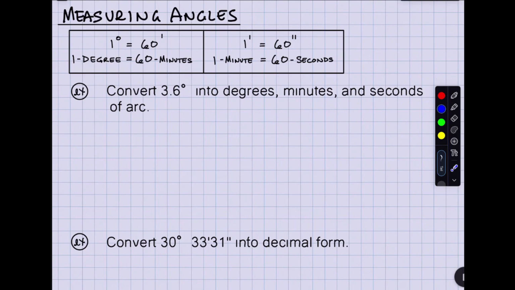Well, here's the thing. The 3 part I'm good with, right? The 3 I know is degrees. It's the 0.6 that I've got to figure out, because that's a part. Make sense? That's going to break up into minutes and seconds.